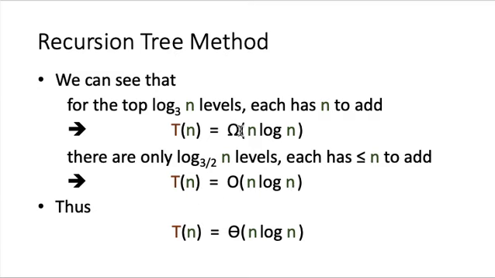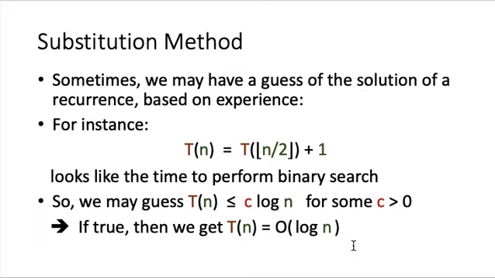Now we have an omega term and a big O term, and these two functions are the same, so we can conclude that t of n has a tight bound of theta of n log n. So isn't that simple and nice, right? So this is the recursion tree method. And now let us move on to the substitution method.